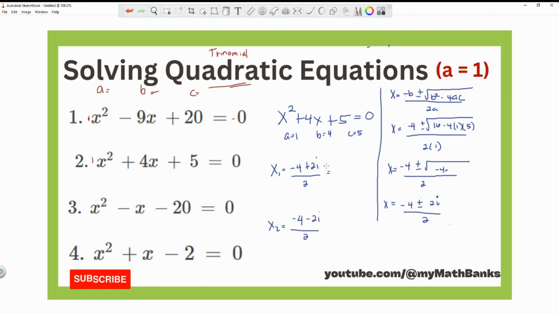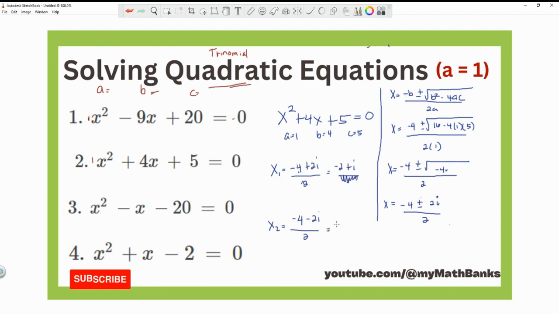Now you can simplify this because the 4, the 2, and this 2 can all be divided by 2, right? You cannot just divide the 4 and the 2, these two, this and that, because they're all together, okay? So you can divide all of them by 2, so you will have negative 2 plus i all over 1, and you don't even have to write the over 1.